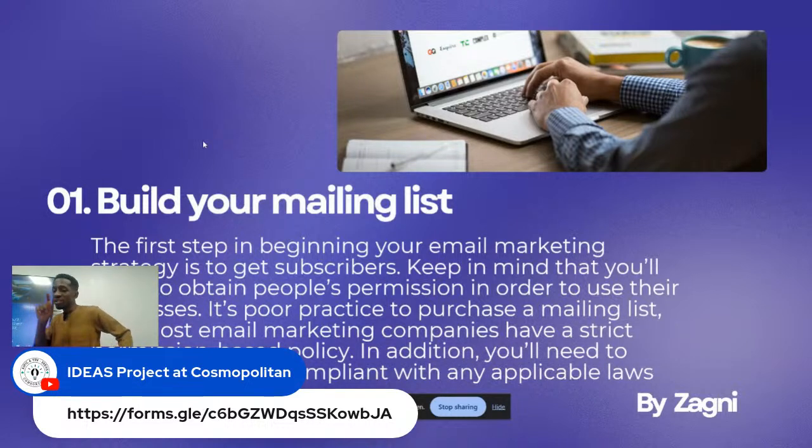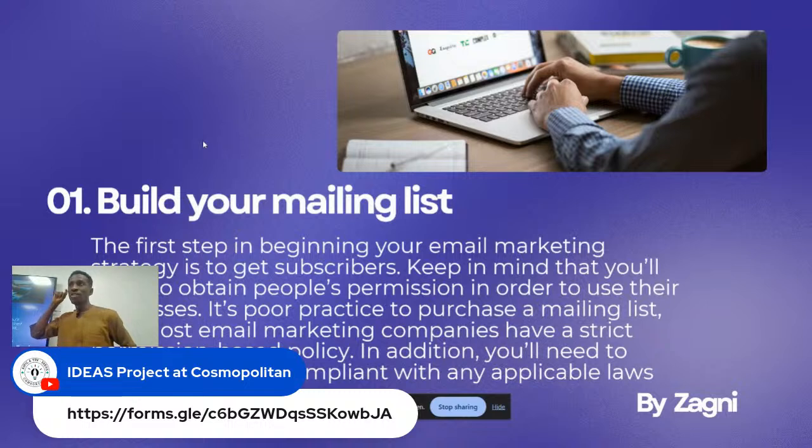But there's going to be a box that they will tell you to tick if you want them to be sending emails to you. They're asking for your permission, right? If you want them to send emails to you, you click on that box and then submit. That's asking for your audience's consent to send emails to them.